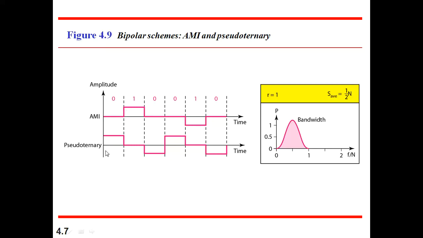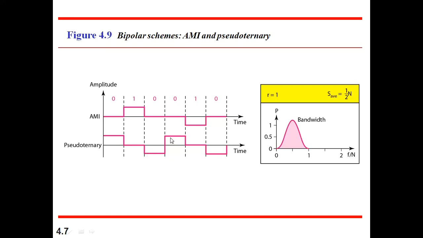Next is pseudoternary, which is exactly the opposite of the AMI scheme. Whenever there is a 0, it will take either positive or negative. Here the first 0 will take the positive voltage, and whenever there is a 1, it will take the zero voltage. You can observe it is exactly opposite to AMI. Whenever there is a 0, if the previous 0 is positive voltage, the next 0 will take the negative voltage.